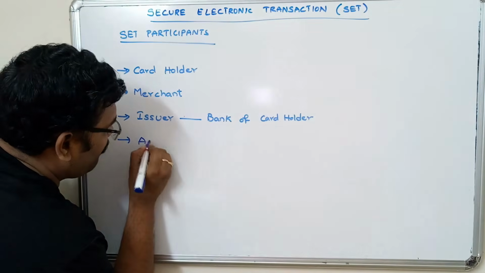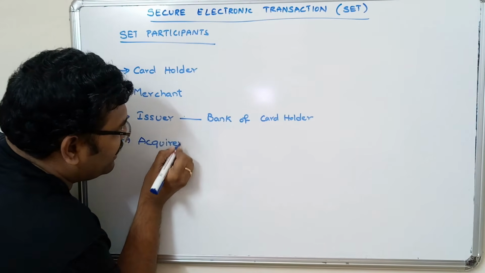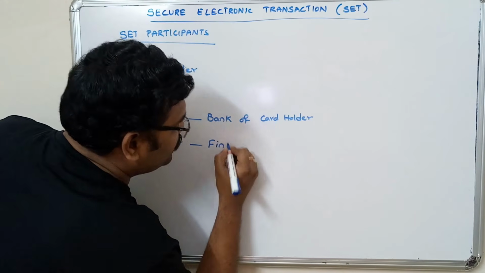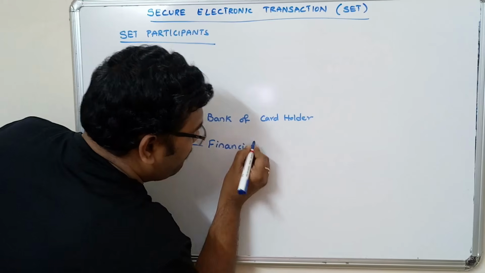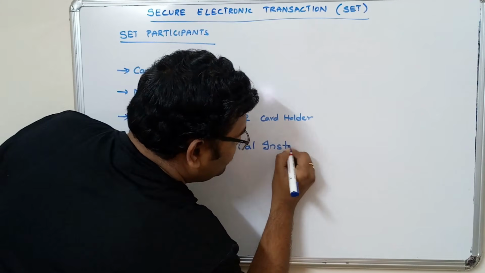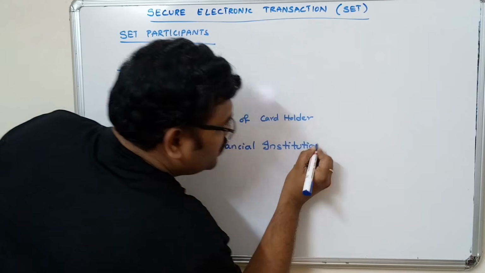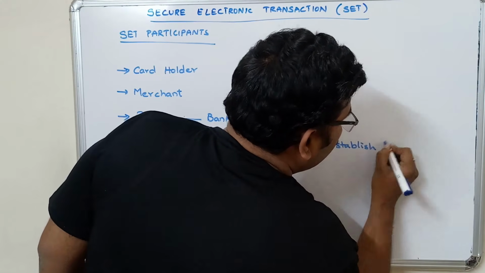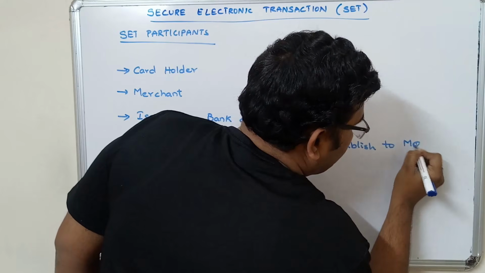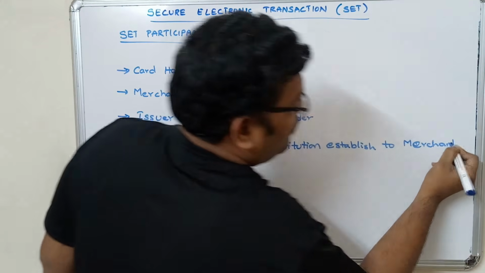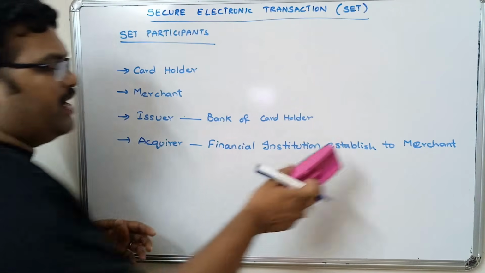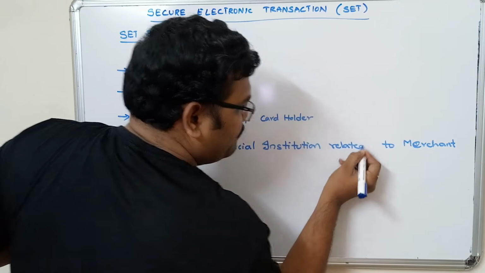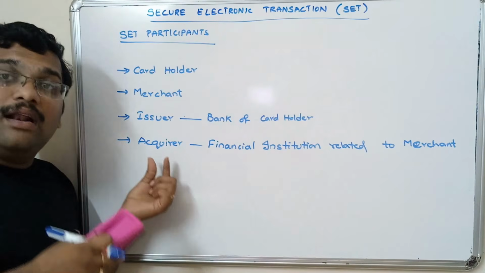Next, acquirer. The acquirer is a financial institution established for the merchant, that means the financial institution related to the merchant.